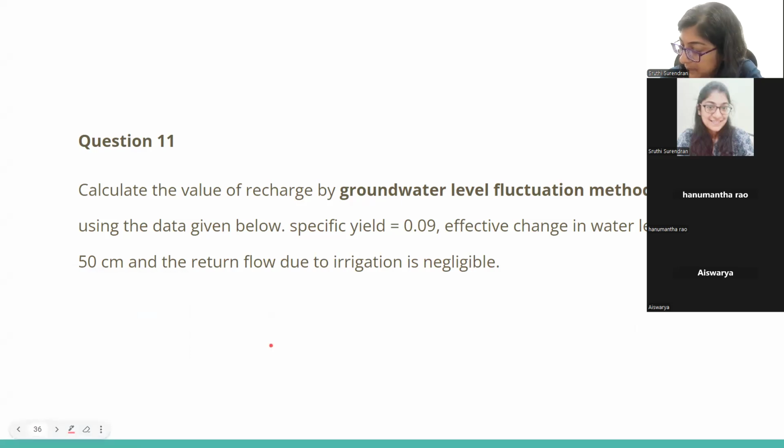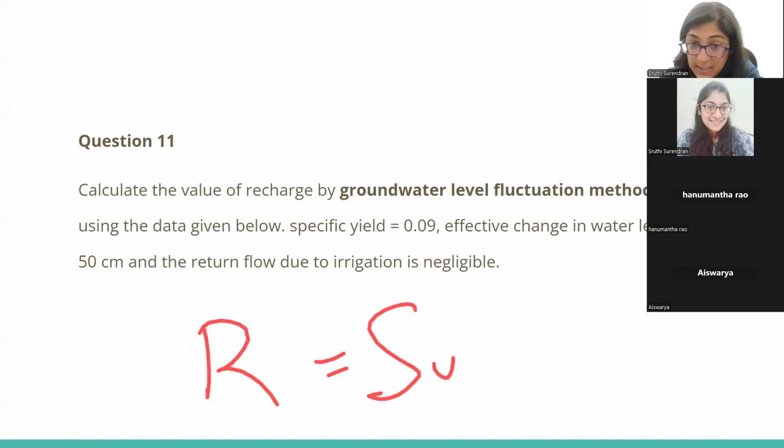R is equal to specific yield into effective change in water level. Effective depth, I don't remember the term.